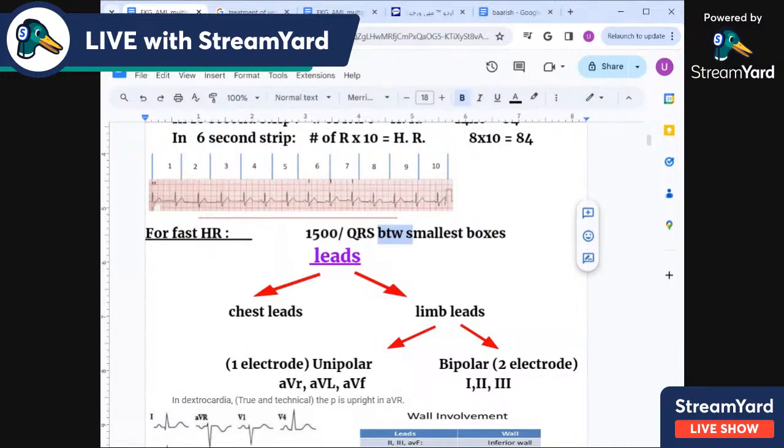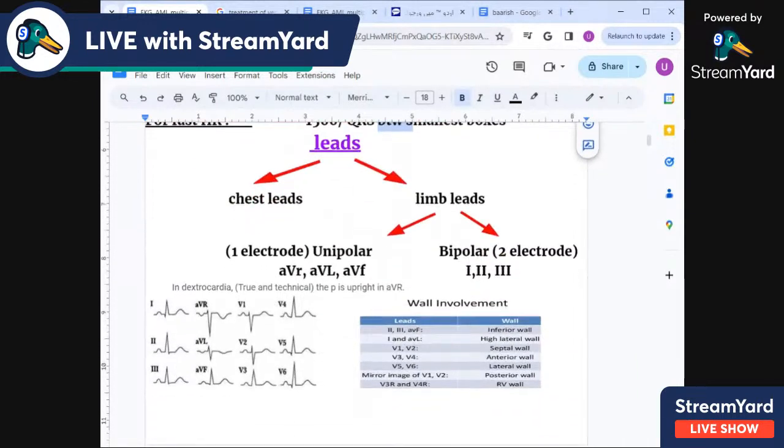Then we have leads, the types of leads: two types of leads, chest leads and limb leads. Limb leads are of two types, unipolar and bipolar. A unipolar lead has one electrode. Bipolar leads have two electrodes. aVR, aVL, and aVF are the unipolar leads.